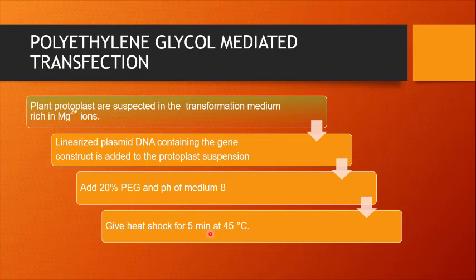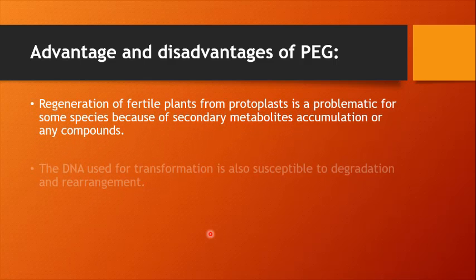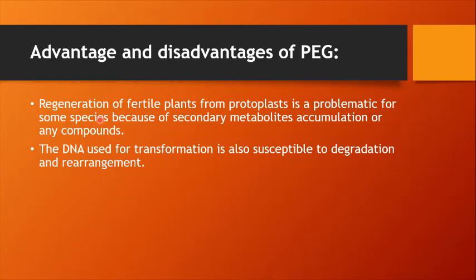So this is the method of polyethylene glycol mediated gene transfer, and here we have certain disadvantages. For example, regeneration of fertile plants from protoplast is problematic for some species because of secondary metabolite accumulation. If we are going to regenerate a new plant from the protoplast, it makes certain difficulties for us, because of the accumulation of secondary metabolites.